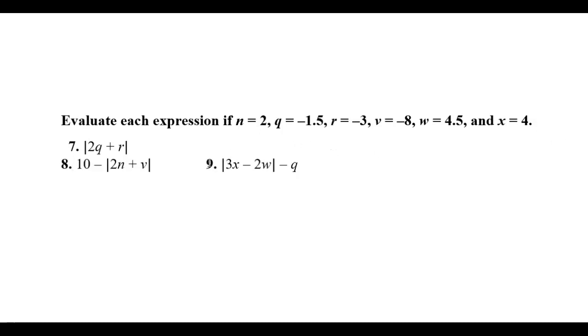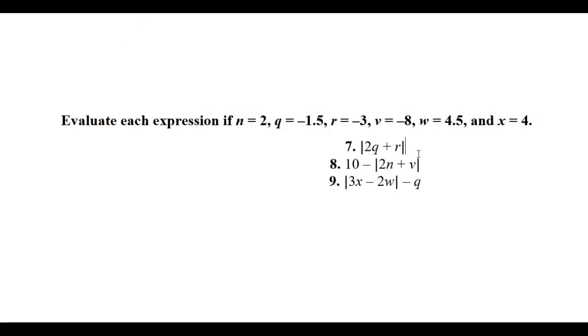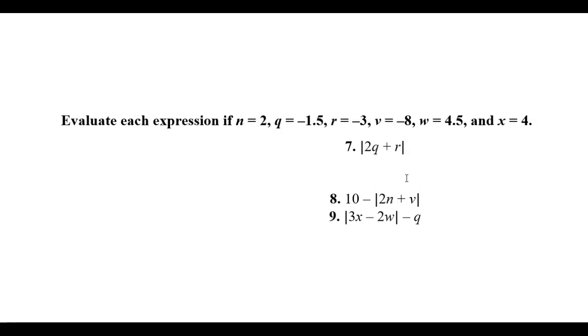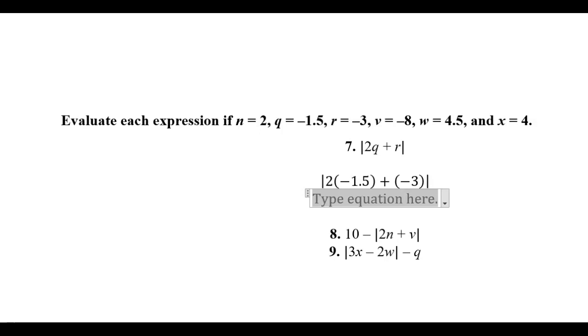On the back, where it's a little bit more tricky than those on the front, is that now we have multiple variables going in. So the absolute value of 2q plus r tells me that I'm going to replace the q with the value given in the table, which is negative 1.5, plus r, which is also given up above and is negative 3. And we're going to take the absolute value of that. In order to take the absolute value, you have to simplify the inside first.